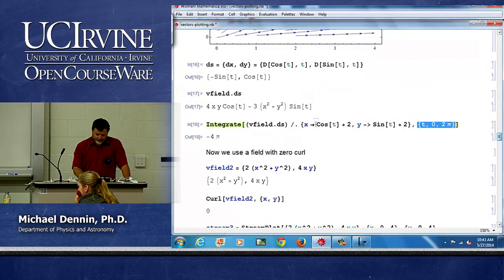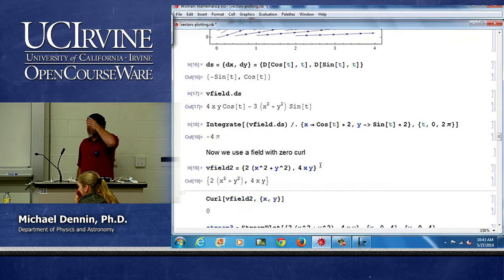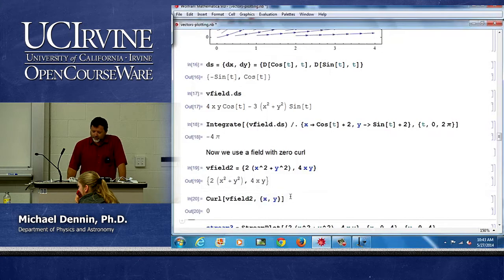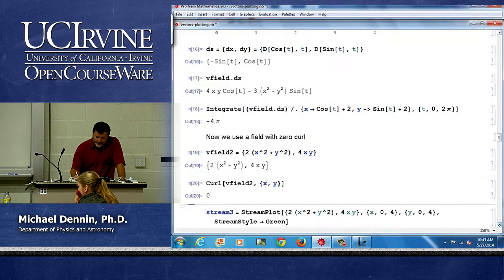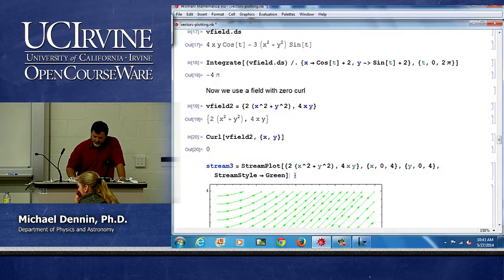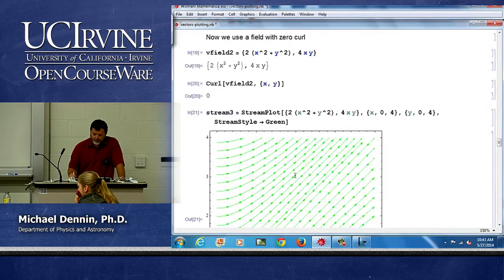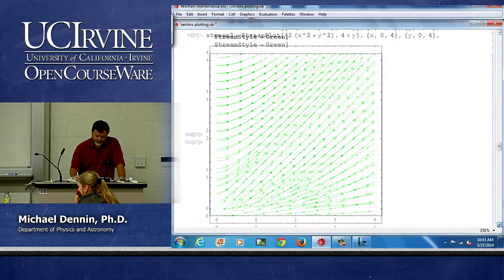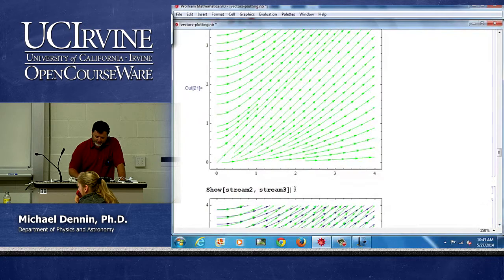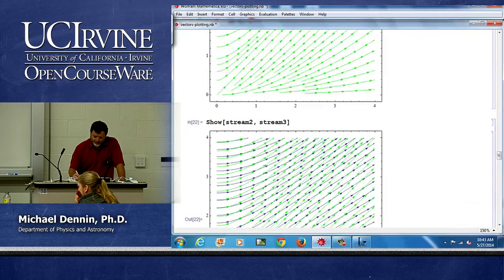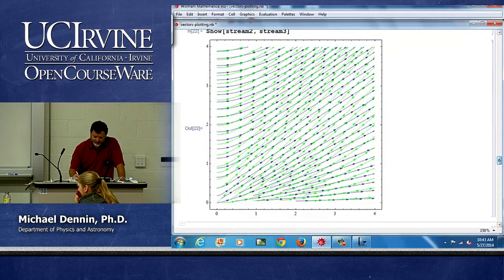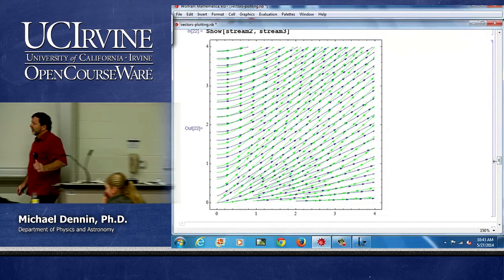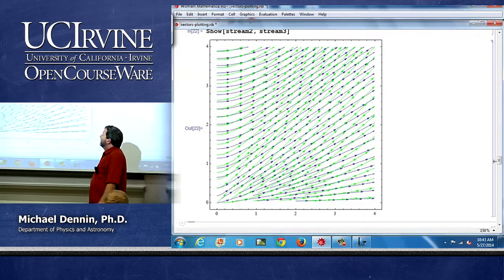Now, if you recall, to make it 0 curl, we just have to change the one coefficient. The 3 becomes a 2, and now the curl is 0. And it's really interesting to look at it. I hope no one's red-green colorblind. But the first thing I do, or blue-green colorblind, there's the difference between the two fields.